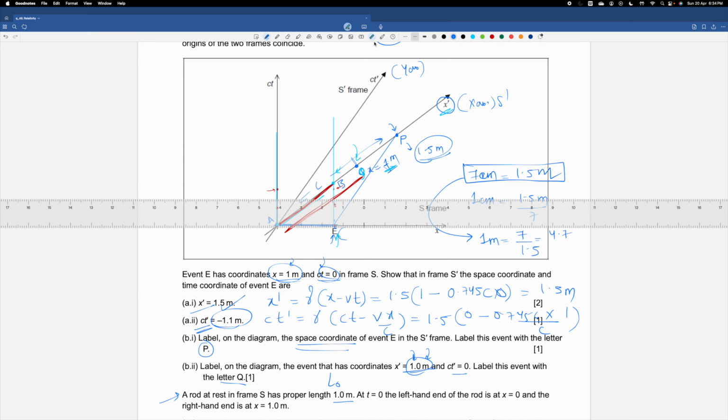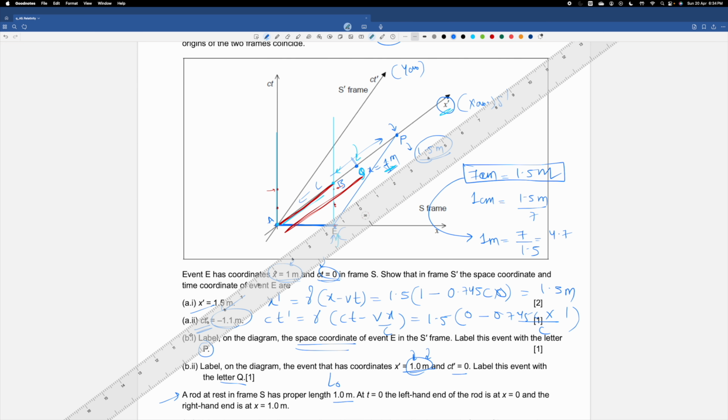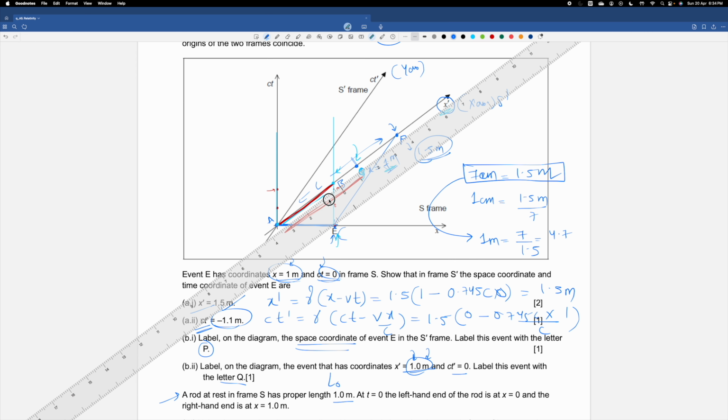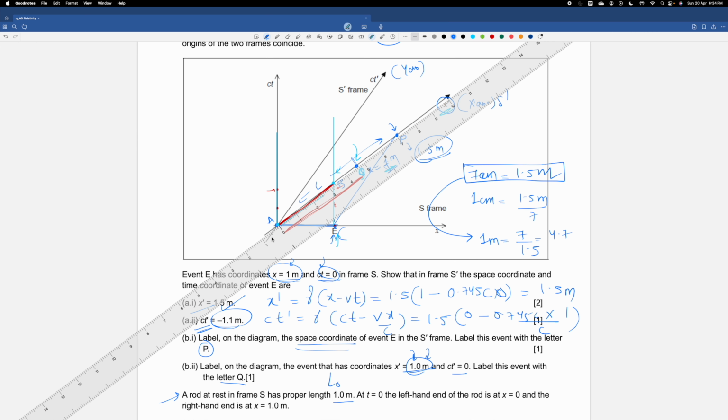I'm going to take the ruler. The same thing you will do in the exam, right? I remember it was 36 degrees. And we'll measure the length of that AB, which is about 3.3 centimeter as per the ruler. So the length of the rod as per S prime is 3.3 centimeter.